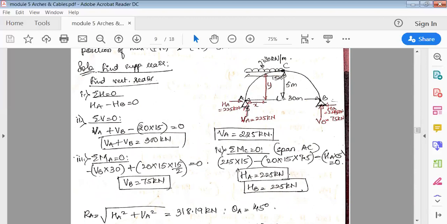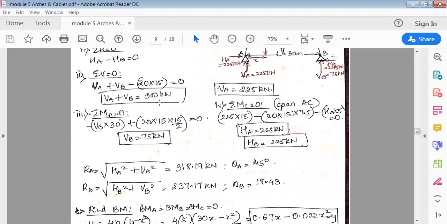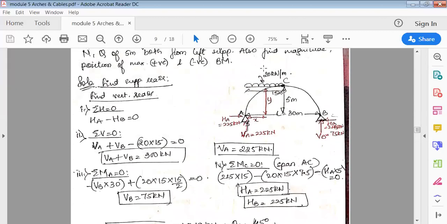So if I cut the section here like this, and on the left side check how many loads, there are VA, HA and this portion, only this portion. So on the left side, I have to find the maximum bending moment. I'll write it as Mx. So Mx is nothing but the cut portion to the left side.